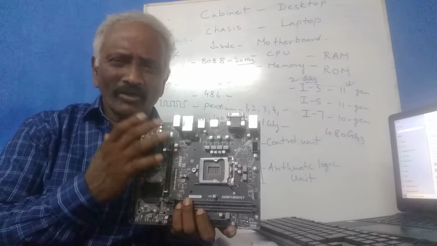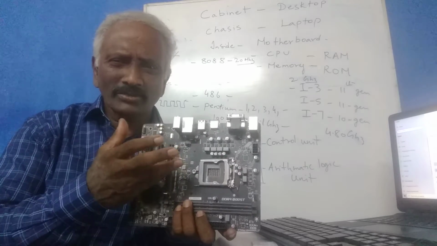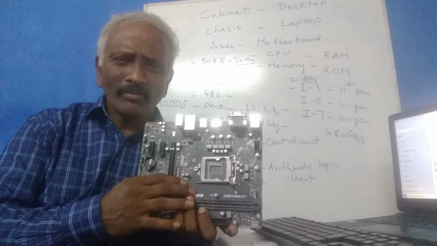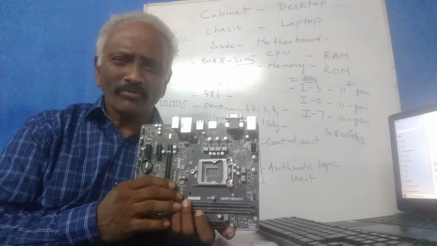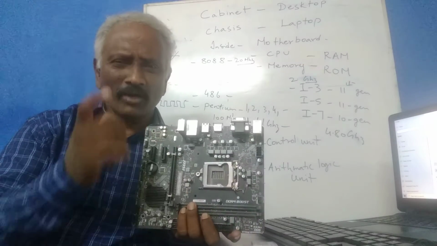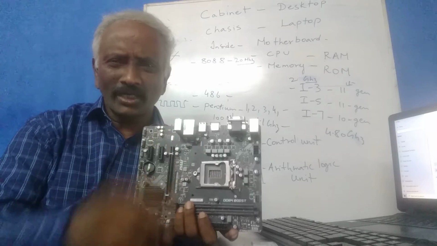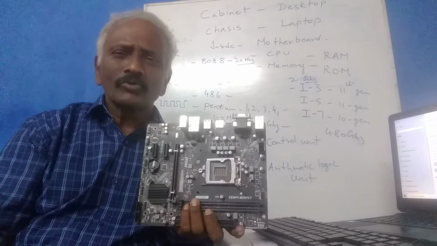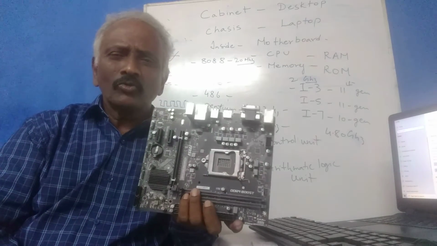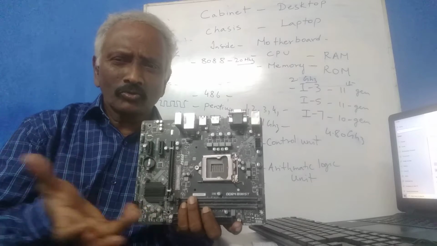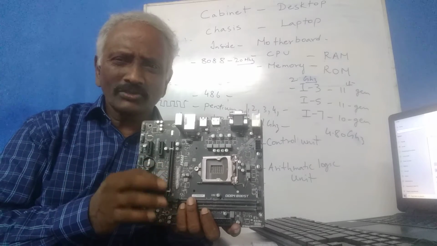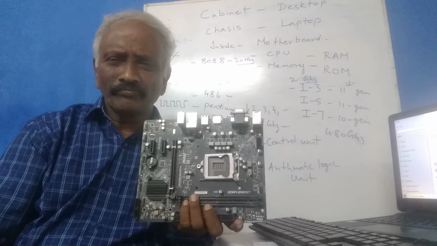He'll tell you that processor of that generation is not available, so I'll be having a new generation processor which won't suit in this socket. So ultimately what happens, you'll have two costs. One is for the motherboard, another is for the CPU.